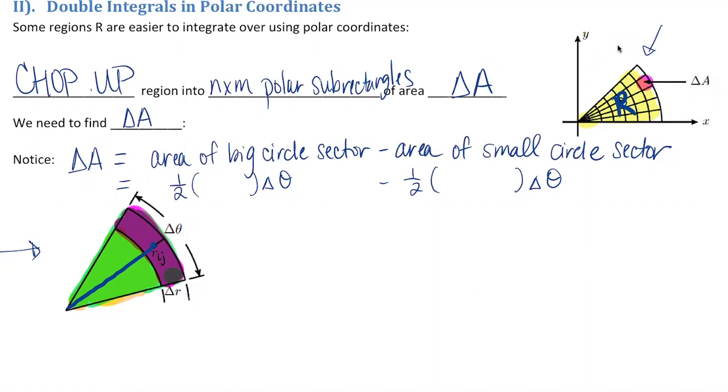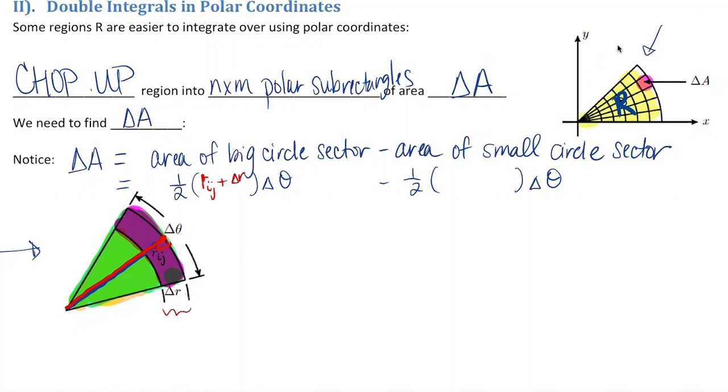If I'd like to find the radius all the way out of this big piece of pizza, I'm going to start here, and then add this tiny little piece that I have left right there, and that is just going to be half of whatever my delta r is.